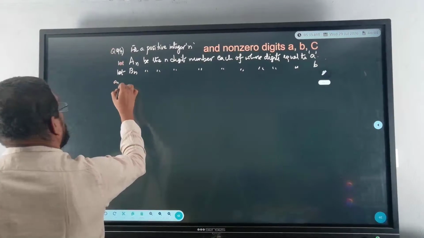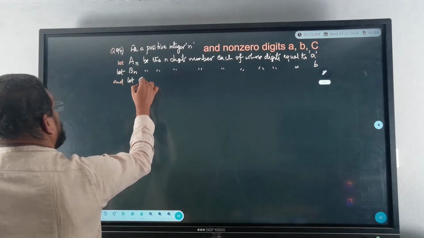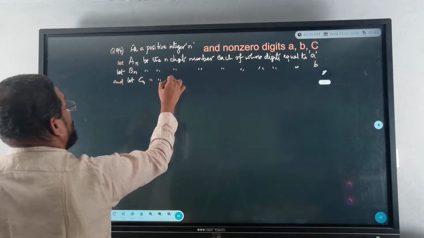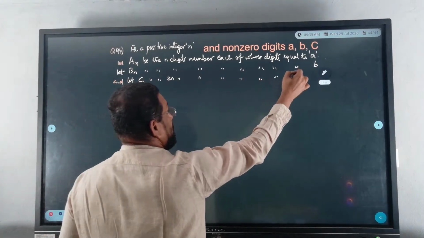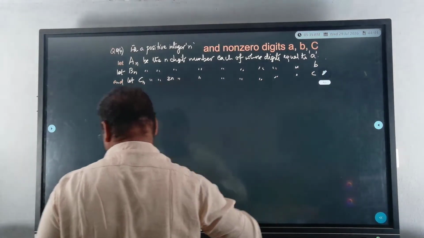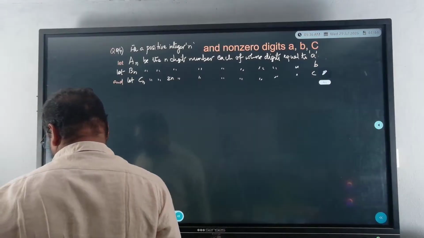And let cn be the 2n-digit number each of whose digits is equal to c.